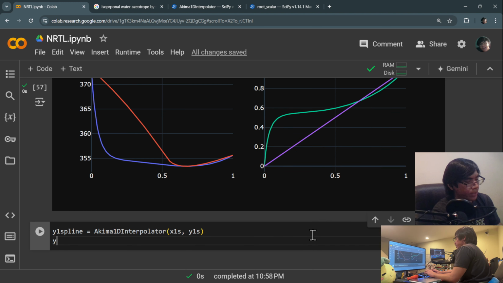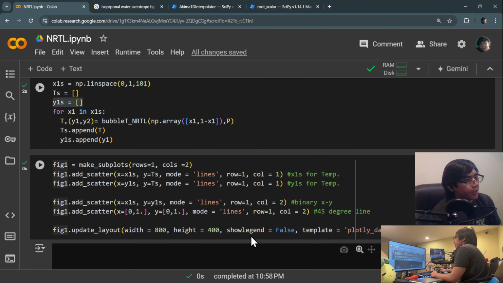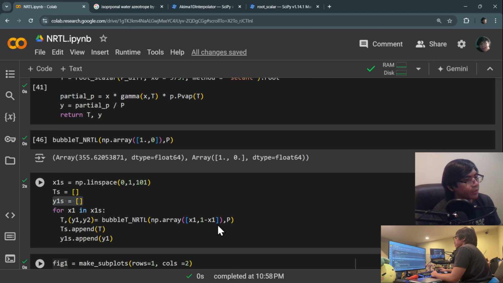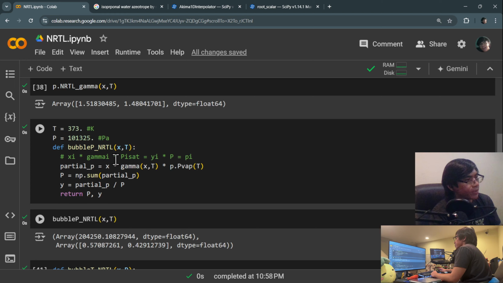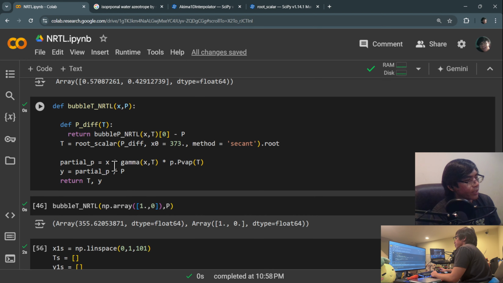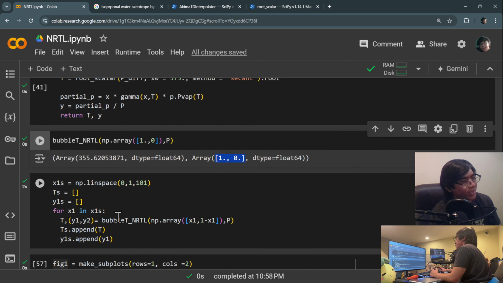And then we can check this if we plug in something. Let's see what we had here. The same temperature, let's plug in something we can find out. So 355 gives us 1 and 0, so it should give us 0 and 1 if we plug in, well, that's kind of obvious, 0 and 1.